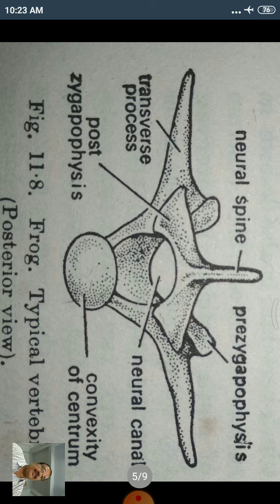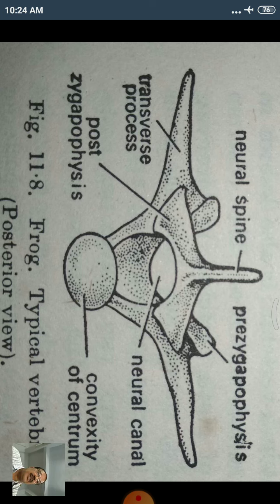Next one is typical vertebra. So a typical vertebra consists of neural spine, neural canal, convexity of centrum, prezygapophysis, postzygapophysis, and transverse processes.